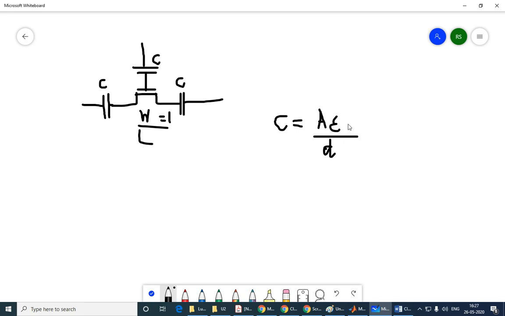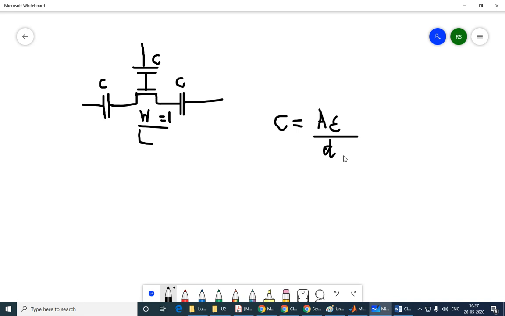And epsilon again is a material parameter. If you are with silicon, it stays the same for these two transistors. It's slightly different for this because in this case the material is silicon, which is in between the parallel plates. In this case it is silicon dioxide, which is a slightly different material, but let's not bother about that for now. That's not going to change much.